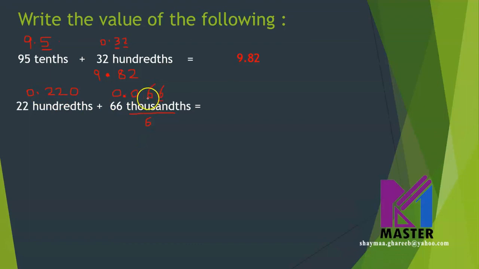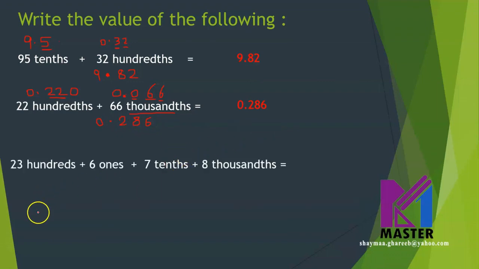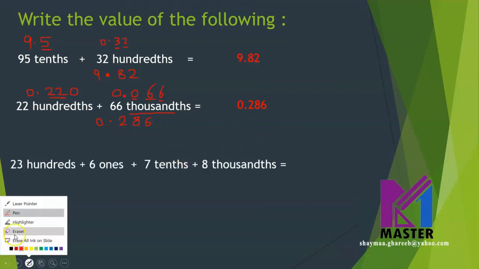In the hundredths place, I have 6 and I have here 2. Then they are 8. In the tenths place, I have 0 and 2. So it will be 2 in the tenths place. Then my number will be 0.286.